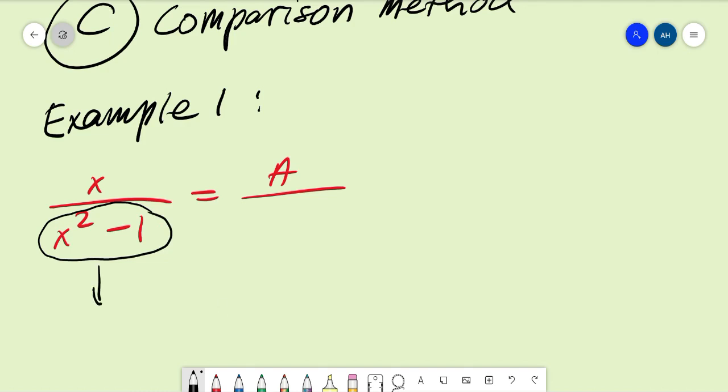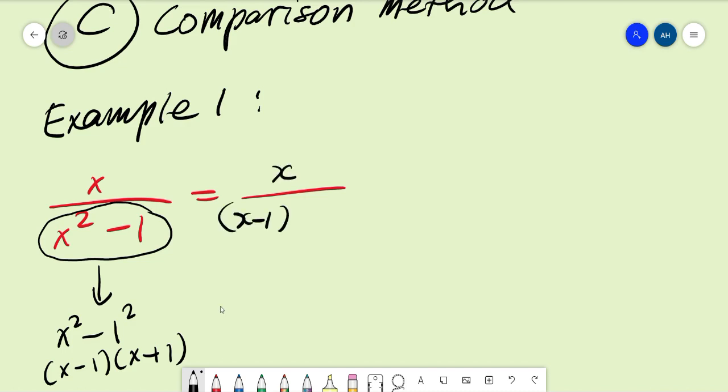So we write x squared minus 1 squared, which we can factorize as x minus 1 and x plus 1, right? So the left hand side, we can write down first as x over x minus 1 multiplied by x plus 1, like this.